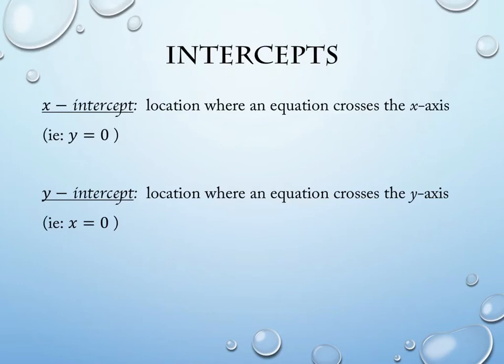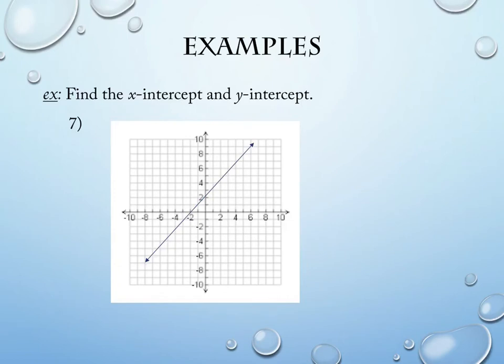Those are typos. So an x-intercept is where you cross the x-axis, and if that happens, y is equal to 0. The y-intercept is where you cross the y-axis, and when that happens, x is equal to 0. So the first question that we have on this is given in the form of actually a graph. And then the second one in the form of an equation. So on the first one, the graph looks like this.